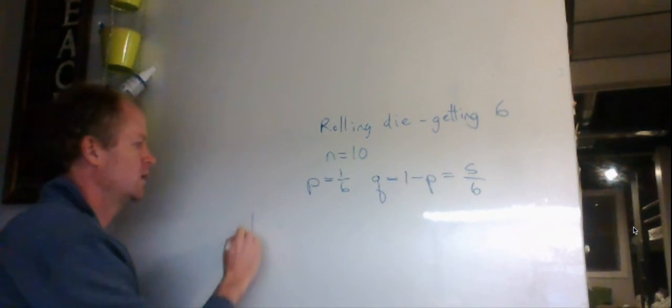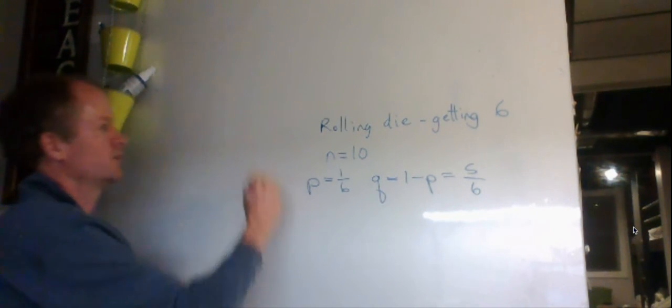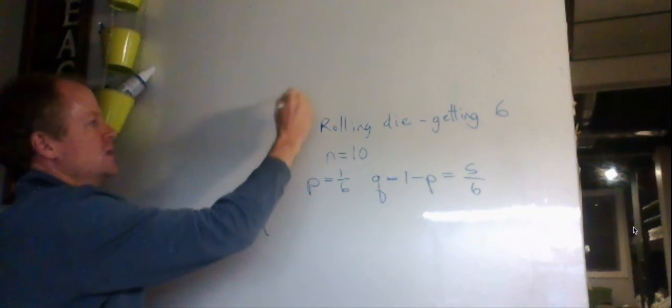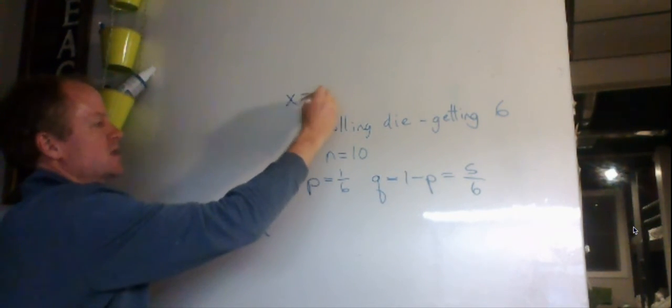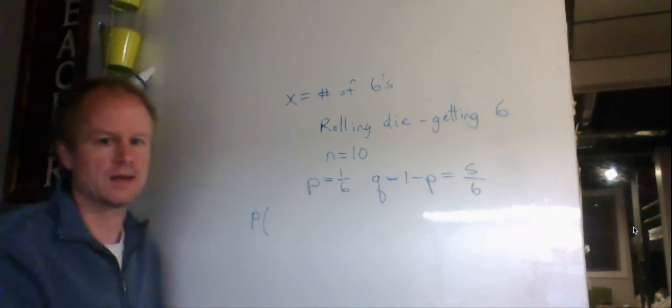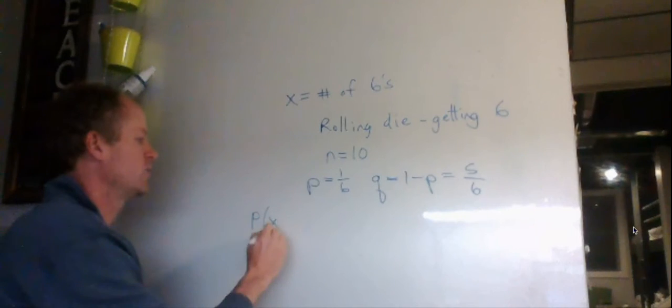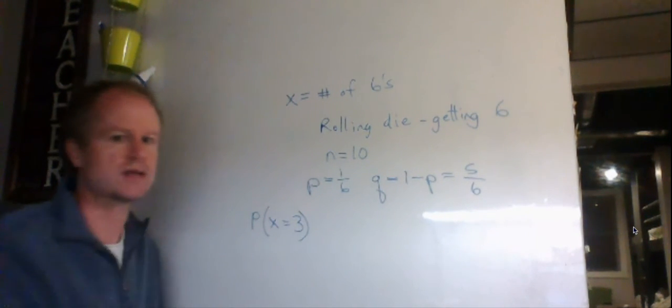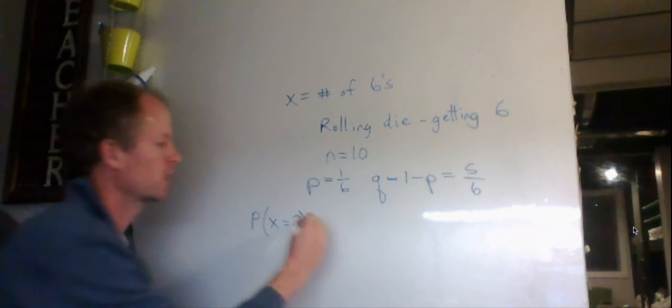So in this situation, X is our random variable, and X is the number of 6s that I'm going to get. I want to know, what is the probability that X is equal to 3? What's the chance I'm going to get three 6s?